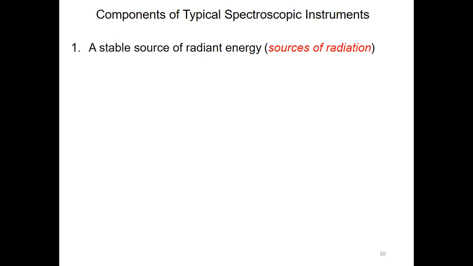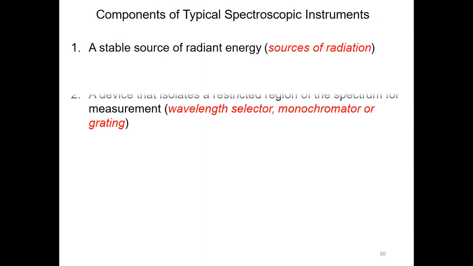So the radiation source should be there. It is a must, right? And next is the wavelength selector. A wavelength selector means a device that isolates a restricted region of the spectrum for the measurement.